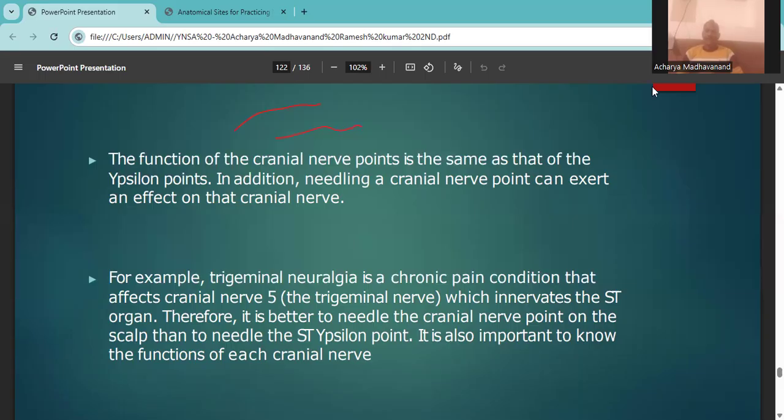For example, trigeminal neuralgia is a chronic pain condition that affects cranial nerve 5, the trigeminal nerve, which innervates the stomach organ. Therefore, it is better to needle the cranial nerve point on the scalp than to needle the ST Y-spleen point. It is also important to know the function of each cranial nerve.